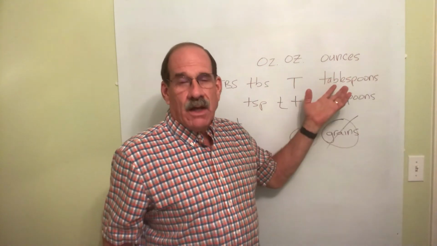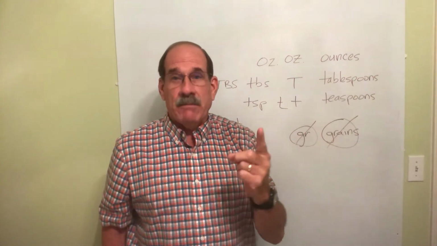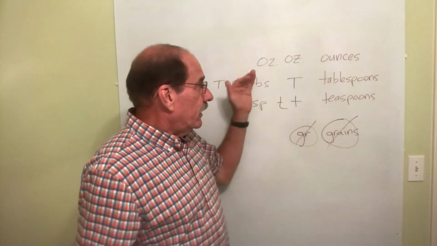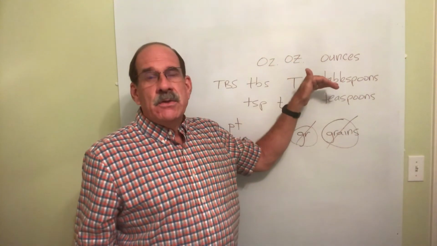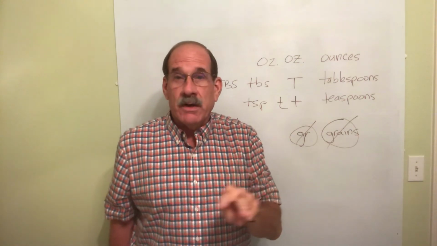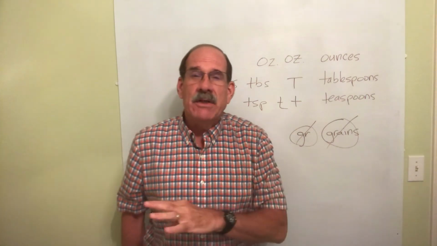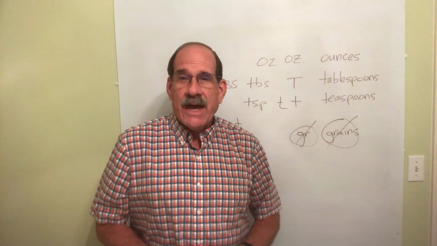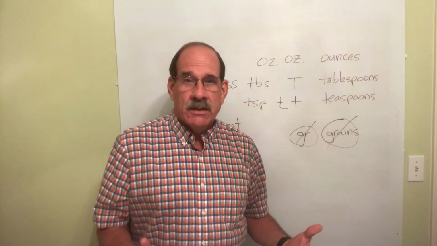Well, ounces is not metric, milliliters is, but since one item is not metric, you can't just move decimals. Or you want to convert tablespoons into ounces, or teaspoons into tablespoons. Anytime one or both are not metric, there's got to be some other way to do those conversions. So that's what we're going to do next, is how to convert non-metric measurements.